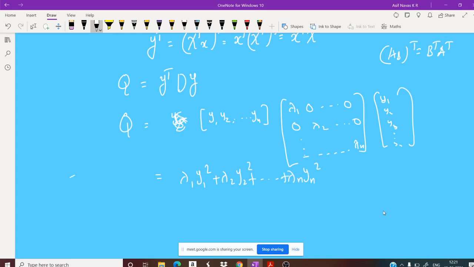So this Q is lambda 1 y1 square plus lambda 2 y2 square up to lambda n yn square.